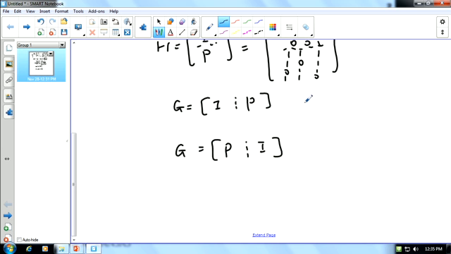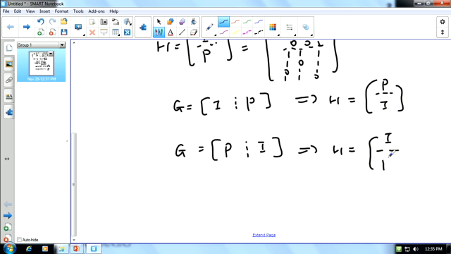In our class we have H as P, I, and here H needs to be I, P. As long as G times H gives us 0, it's a parity check matrix. Thank you. Any other question?